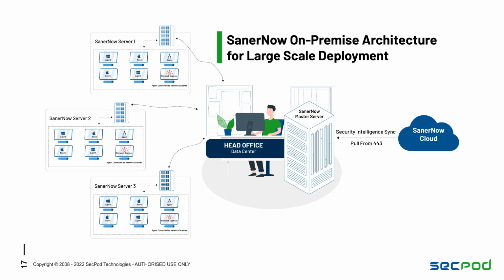So, of course, you will have a master server in your organization where you can download all the security intelligence and have on-prem setups in various locations, and the data that you have in your master server can act as a file server, or a network file system, where you can just connect to these servers which will download the security intelligence, and all the data of these can only reside in this particular setup. So we can scale as much as possible with a master server that can reside in your organization.